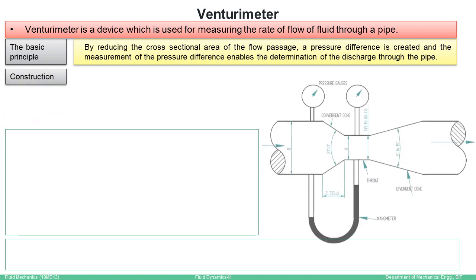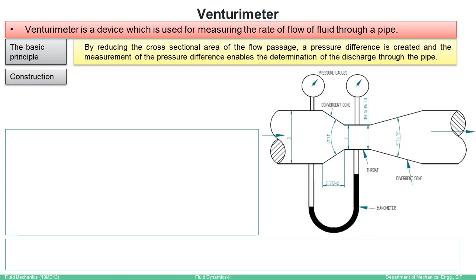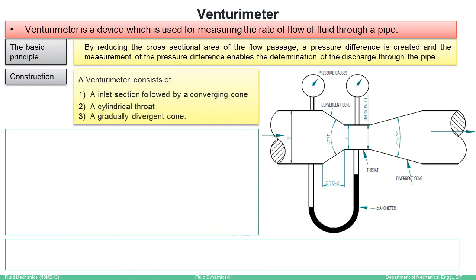When it comes to construction, there are four main parts: the inlet section, and then a convergent cone, a cylindrical throat, and a gradually divergent cone. There will usually be two pressure tappings, one at the inlet section and the other one at the throat. This convergent cone and divergent cone are carefully designed.